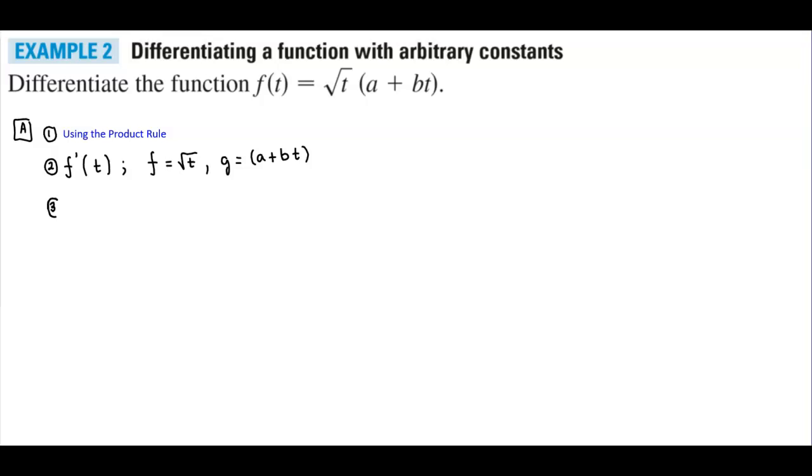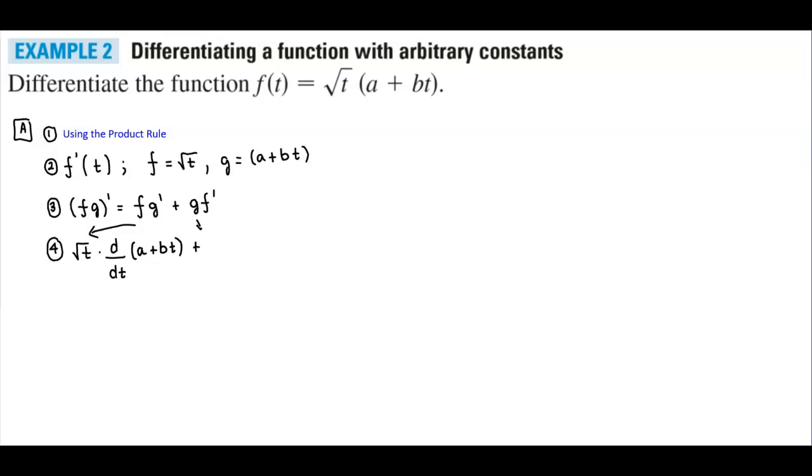Recall that the product rule using prime notation is taking f, multiplying it by g prime, plus g times f prime. So we know that f represents the square root of t, and we're going to multiply that by the derivative with respect to t of g, which is a plus bt.